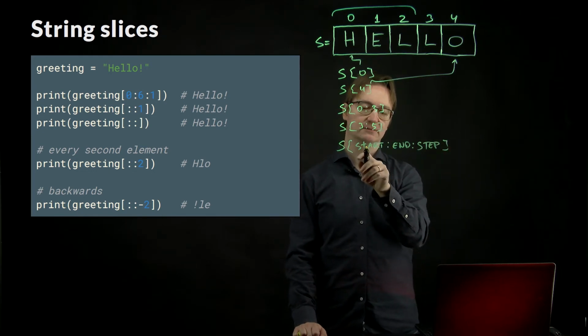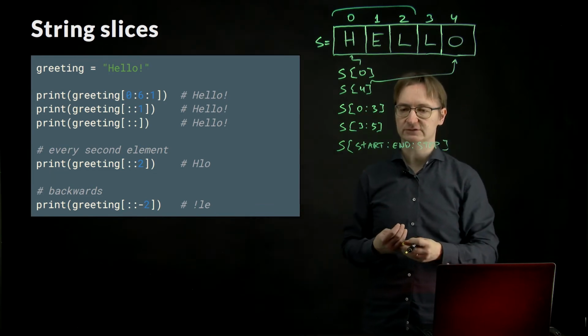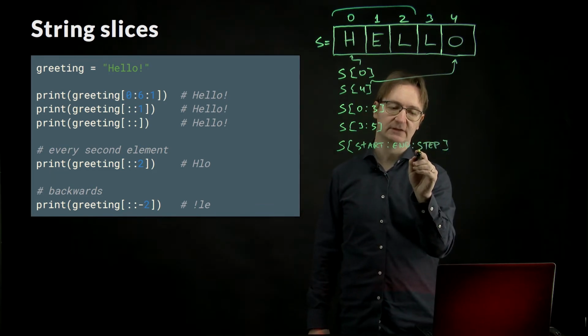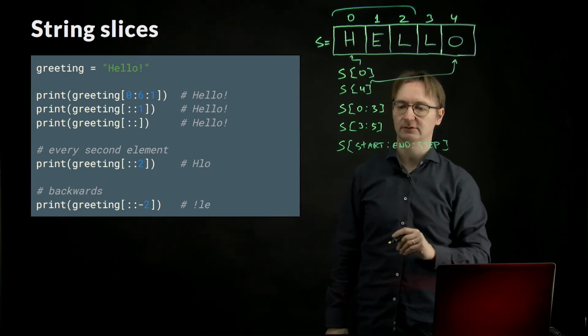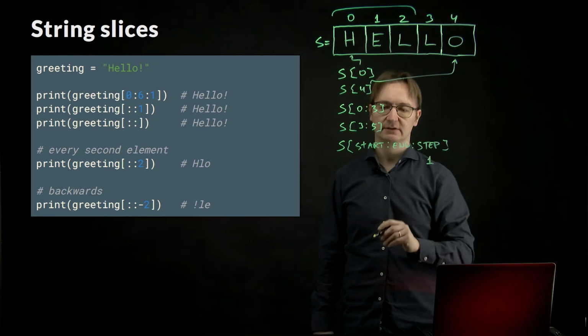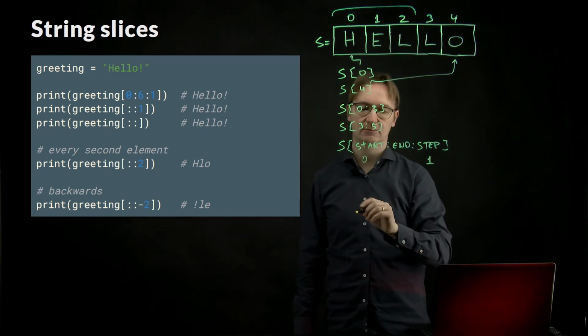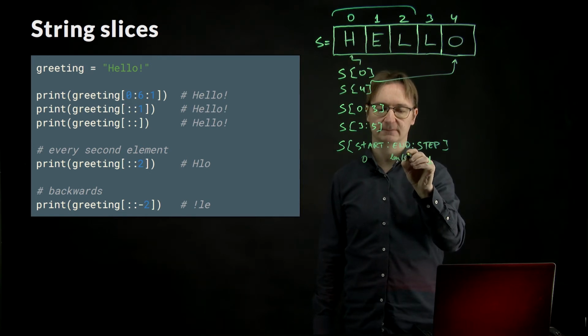And we can omit some of them depending on the default values. For example, if we don't put step inside this, we don't even have the colon here, then the step is by default 1. The start is by default 0, and the end is by default len of the string.